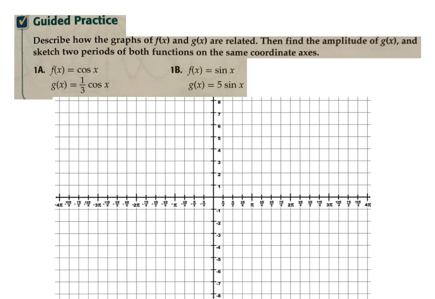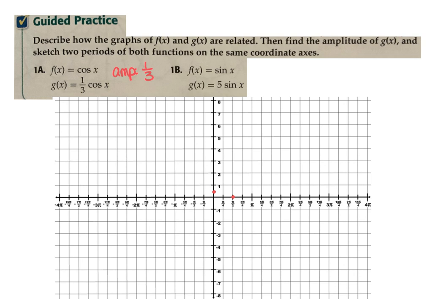Your cosine graph, you start at your highest point, which is normally +1. In this case, what's your amplitude? 1/3. So that's as high as you're going to go, right? So for this one, we start at my highest, which is 1/3. 1/4 of the way through, which is pi/2, I'm going to be at 0.